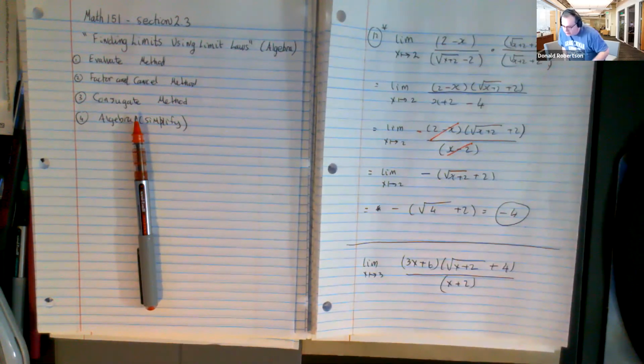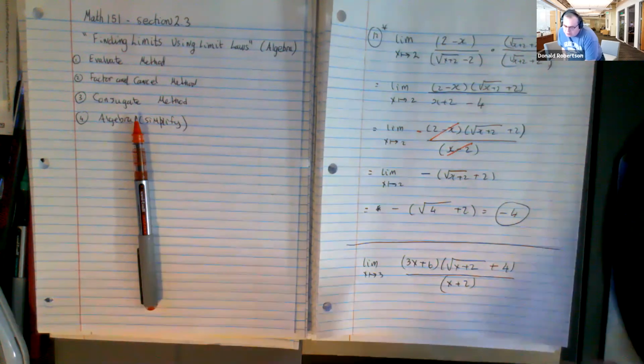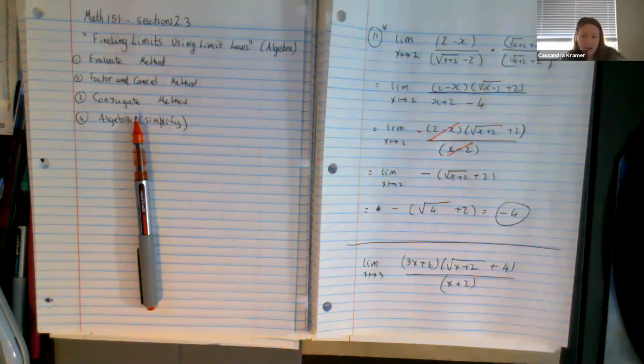So pretend totally different question, but we got to there. And you might be saying, where's the cancel? Factor 3 from 3x plus 6.